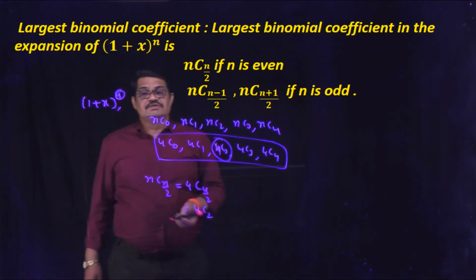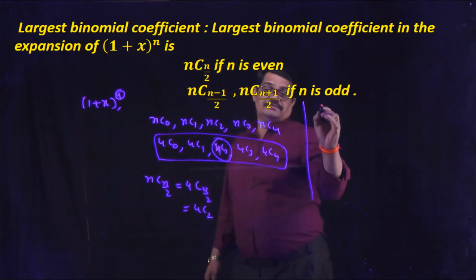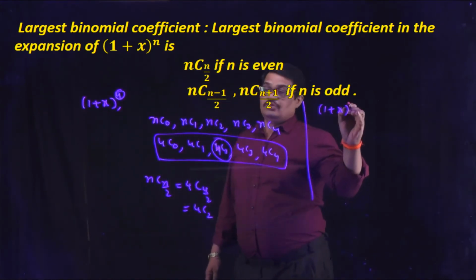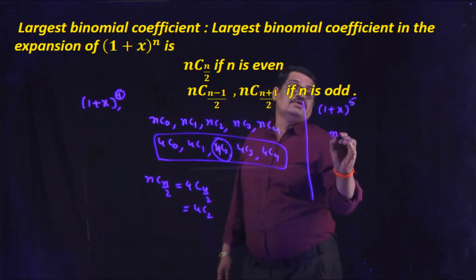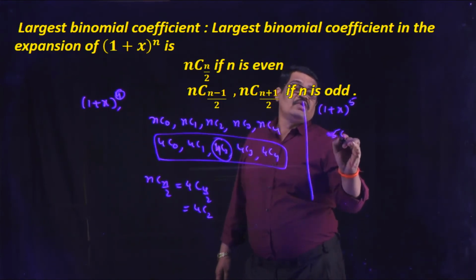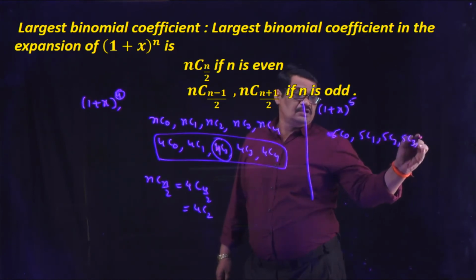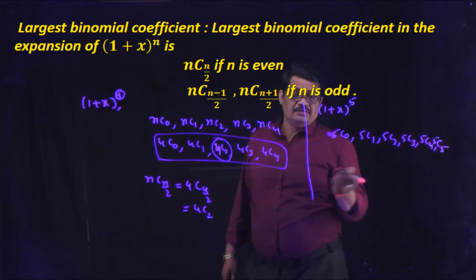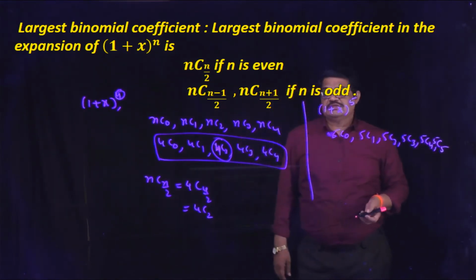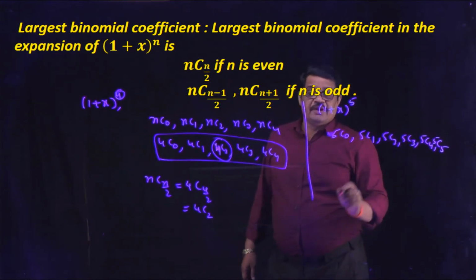If n is 5, that is (1 + x)^5. In that, what are the binomial coefficients? They are 5C0, 5C1, 5C2, 5C3, 5C4 and 5C5. In that there are two largest binomial coefficients.